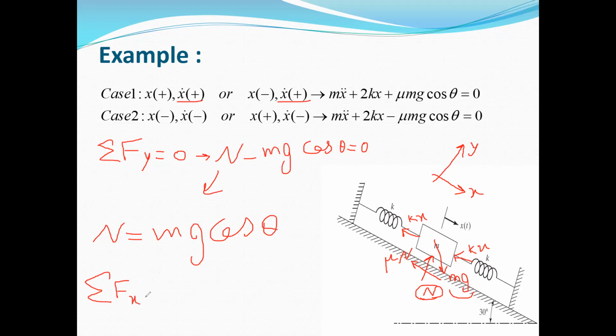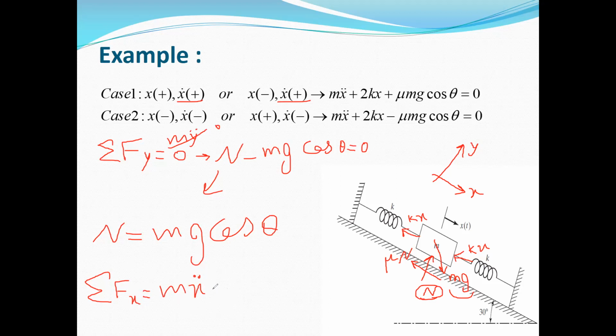on the right hand side of the equation, we will have m times x double dot. This time x double dot is not 0. In the y direction, y double dot was 0 because there is no motion in y direction, but in x direction we have motion, so we will have x double dot.